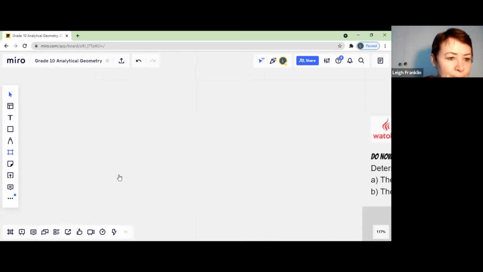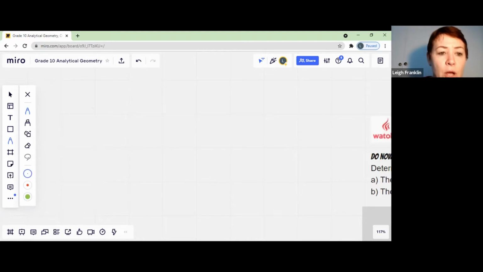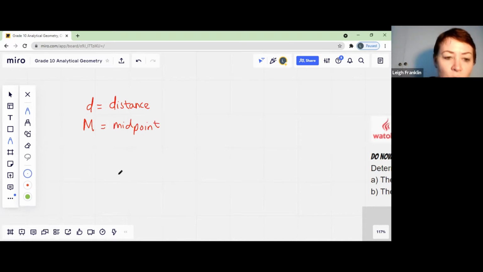All right. So, when we're talking about distance, Katlejo, we're going to use a small d. When we talk about midpoint, we use a capital M for midpoint. And then we use a small m for gradient.